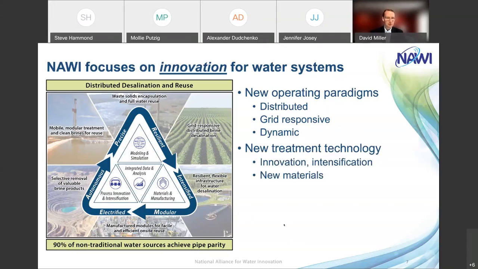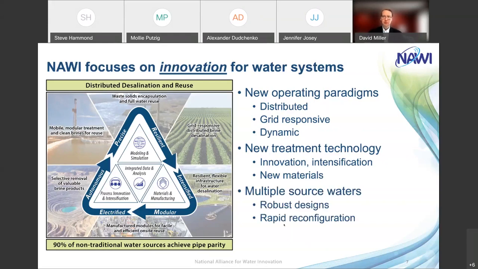It's also, as part of A-prime, new treatment technologies, innovation and process intensification, new materials and approaches for treating water. So technologies perhaps that we're not used to, understanding how they're incorporated into a water train. And then finally, multiple sources of water. So going beyond seawater desalination, looking at something like produced water, for example, that may have variable quality over time.